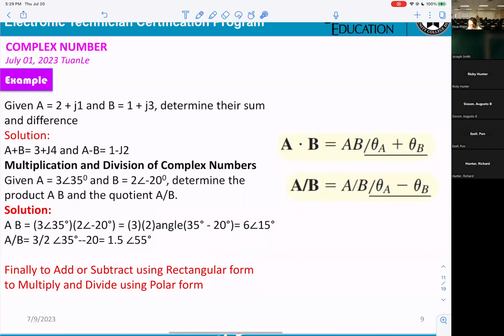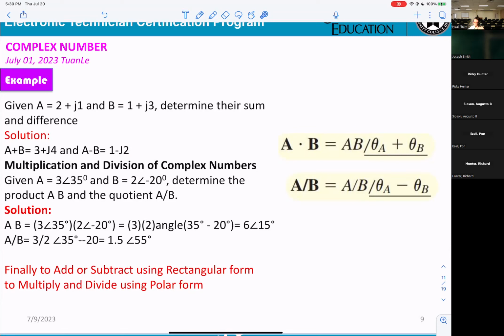J1 plus J3, you get J4. That's very simple. Okay. A minus B: 2 minus 1, you get 1. J1 minus J3, you get minus J2.